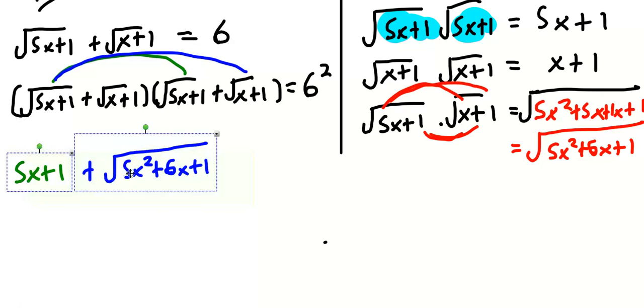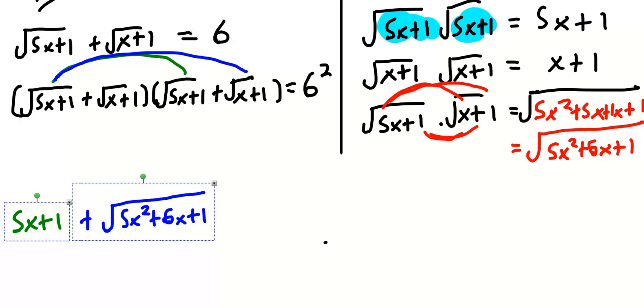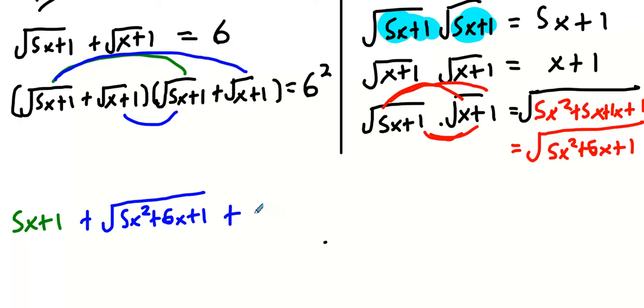Okay, have you got that far, lads? Okay, next one. Same thing again. Okay, and the last one is just x plus 1, isn't it? Yeah. Now, and that equals your 36.